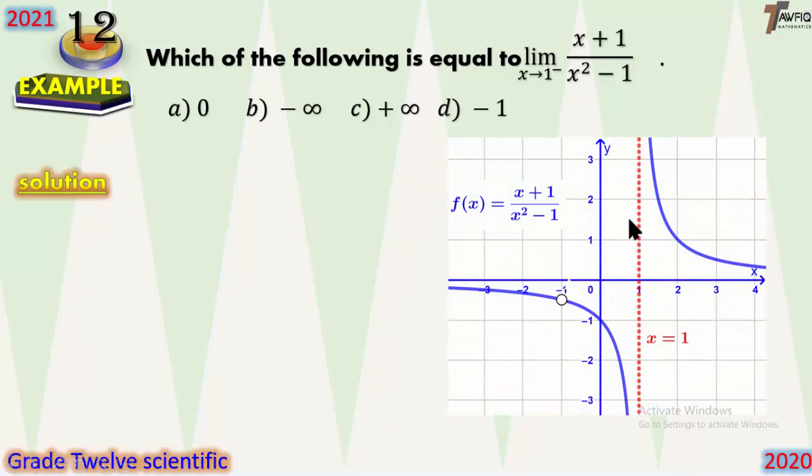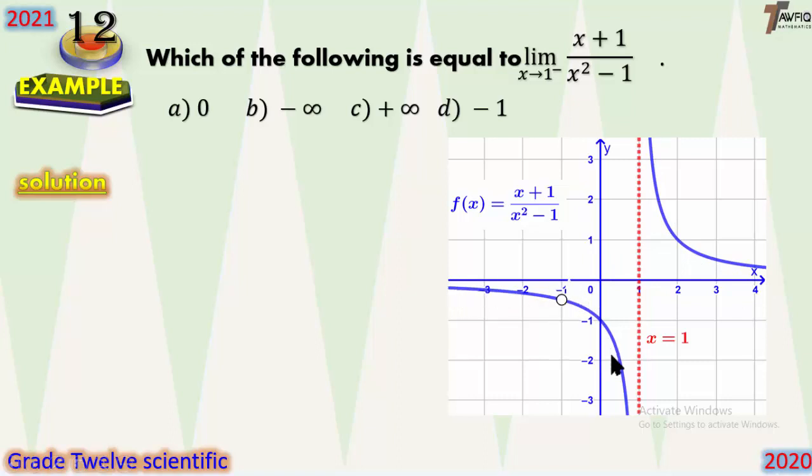If the graph is given, as you can see, x equal to 1 is a vertical asymptote. When we approach 1 from the left, it goes to minus infinity, and when we approach 1 from the right, the function goes to positive infinity.